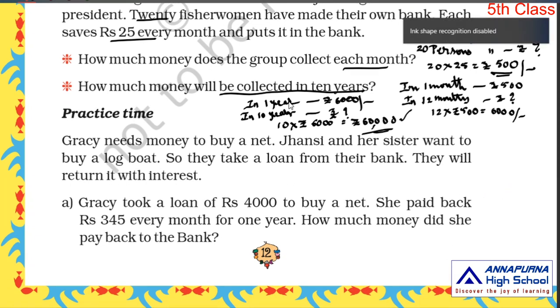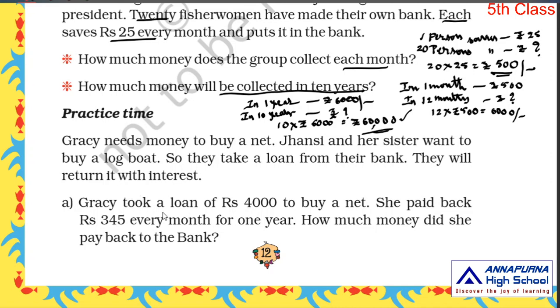Now, practice time. Gracie needs money to buy a net. Jhansi and her sister want to buy a long boat. So they take a loan from their bank. They will return it with interest.